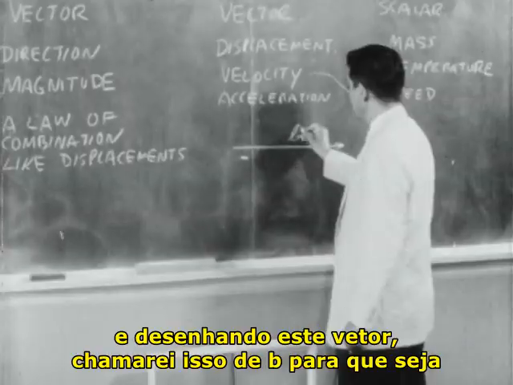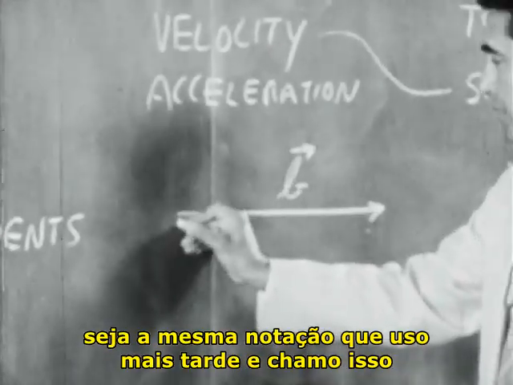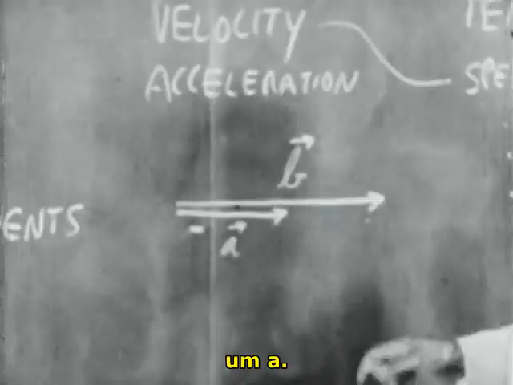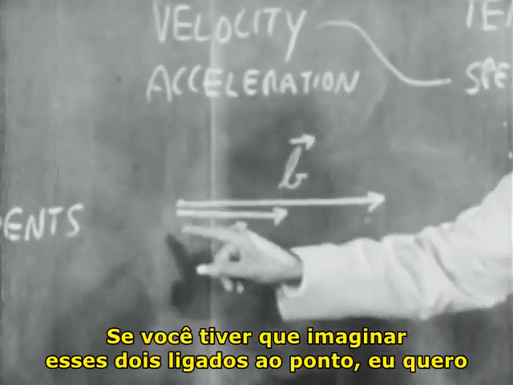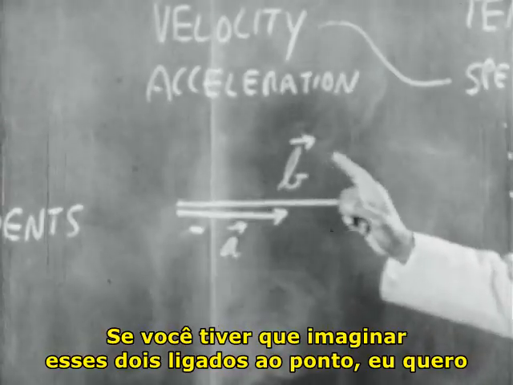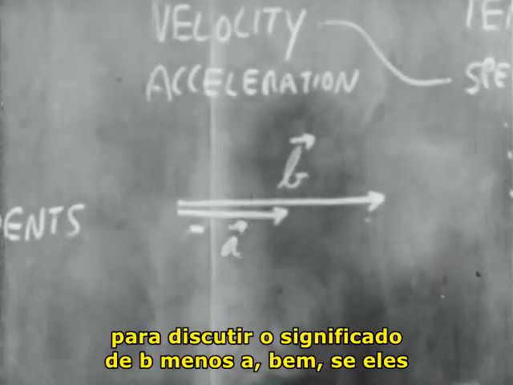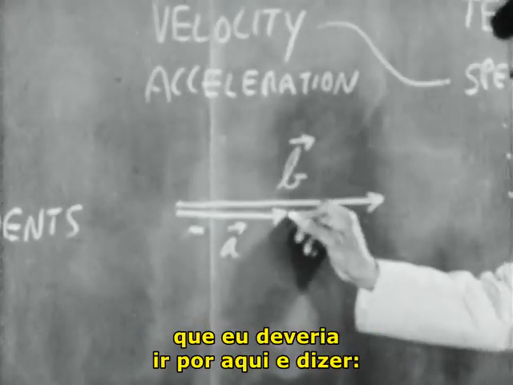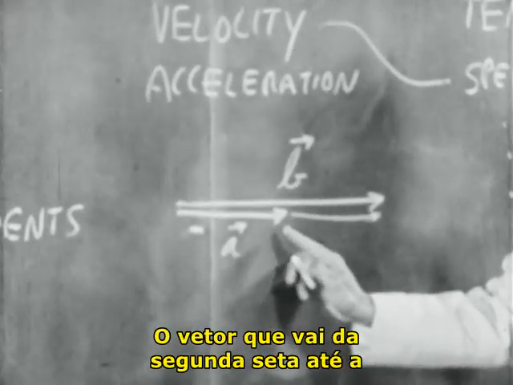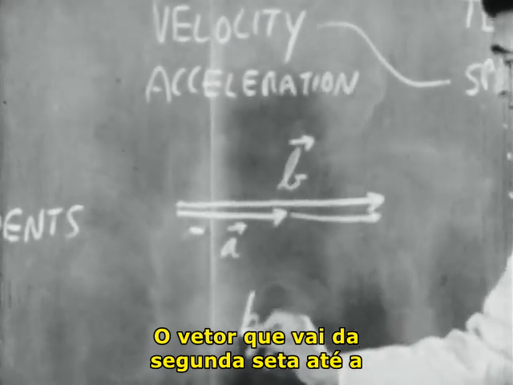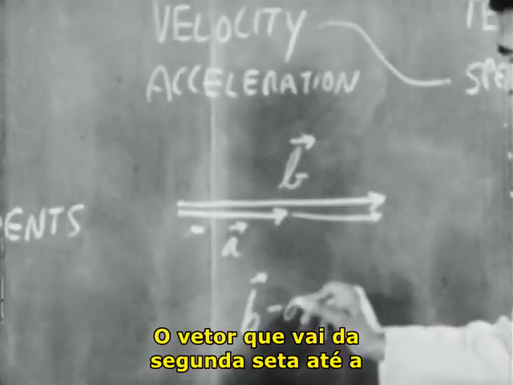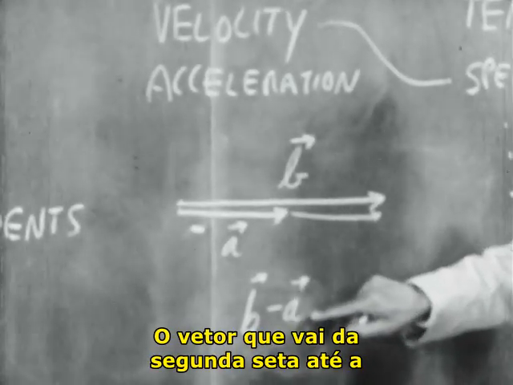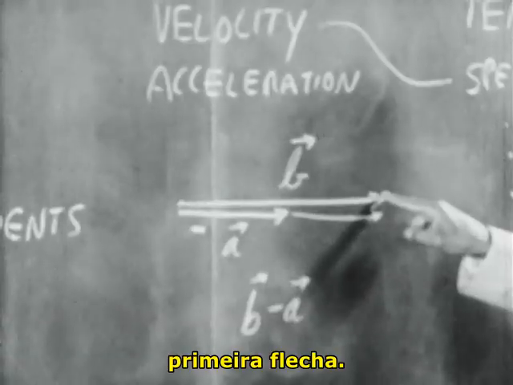I will call that B so that it will be the same notation that I use later on, and call this one A. If you have to imagine these two tied to the same point, I want to discuss the meaning of B minus A. Well, if they happen to both go in the same direction, I think it's easy to visualize that I ought to go this way and say the vector that goes, let me write down B minus A, the vector that goes from the second arrow to the first arrow.